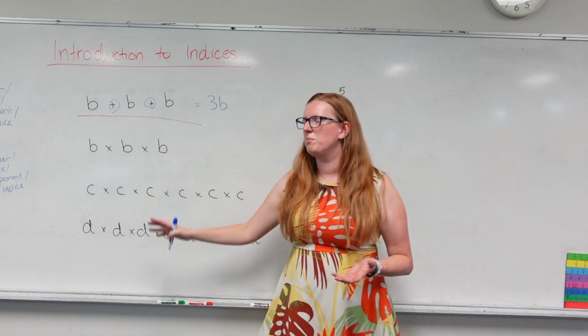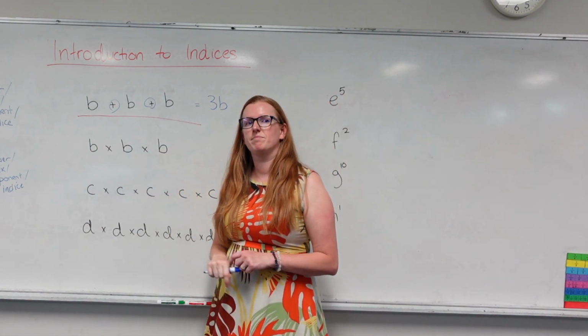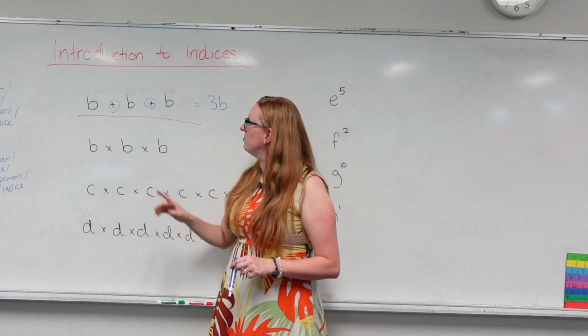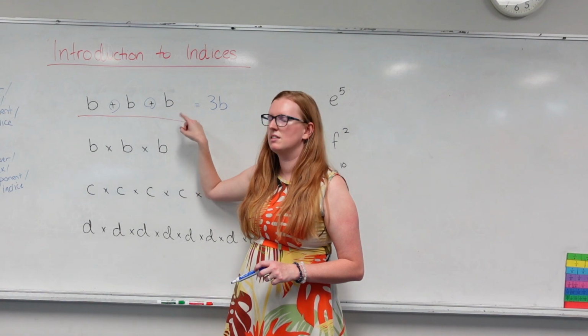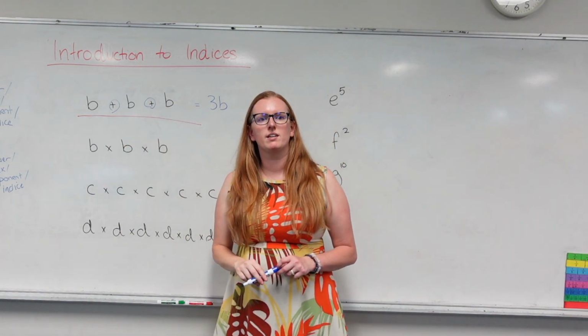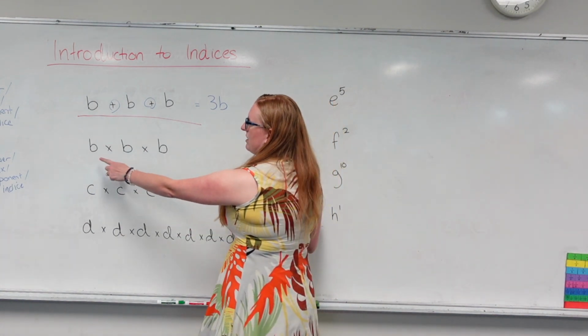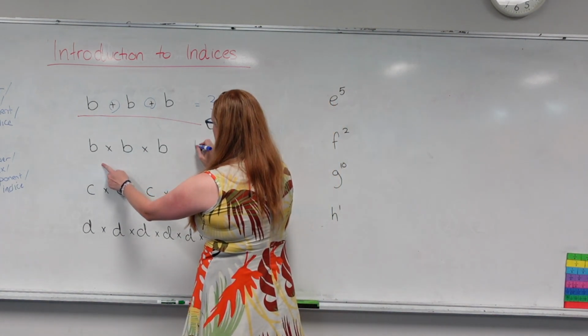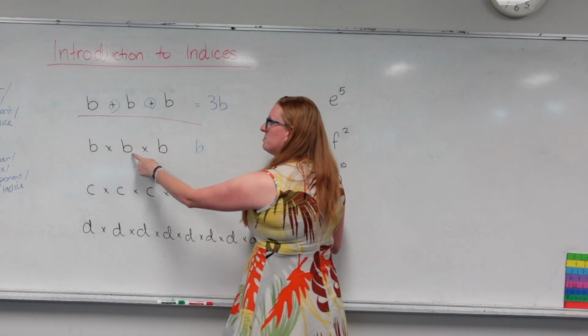But what happens if I'm multiplying? Here I've got b times b times b. I can't put the 3 in front because then that means I'm plussing. What do I do if I'm multiplying? Well, that's where indices come in, my friend. We're going to be going b, b times b times b.